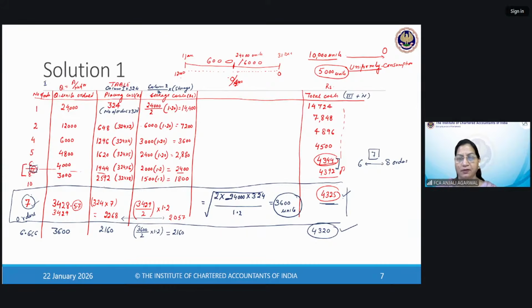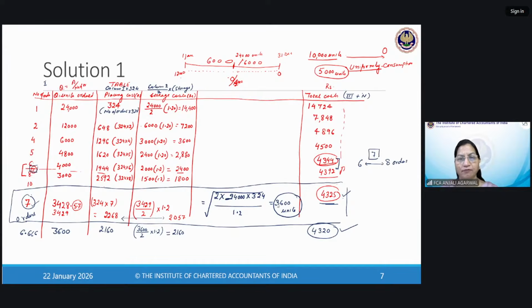Okay. But then again, theoretically, you can say that you have placed 6.66 orders, but practically it is not possible to place 6.6. So for practical purposes, it is 7 orders, which is costing us 4,325. Theoretically, it is 6.66 orders, which is costing us 4,320. Right.